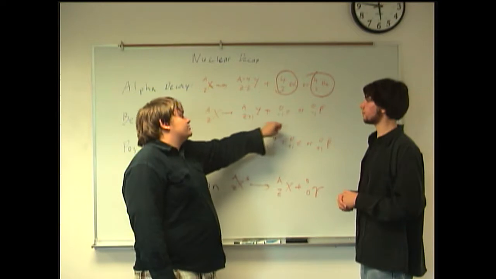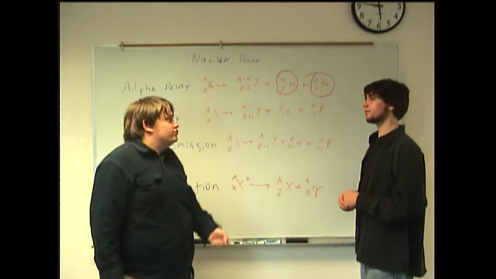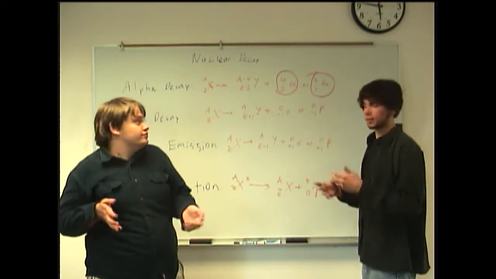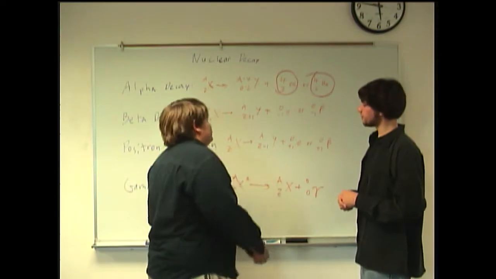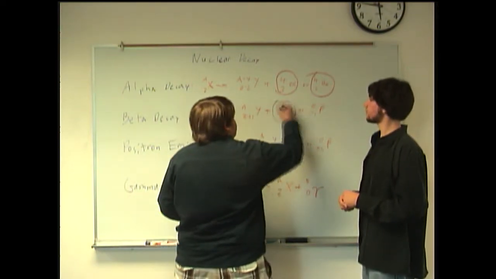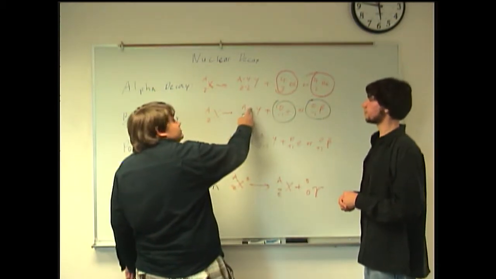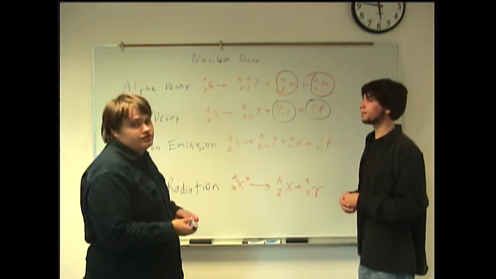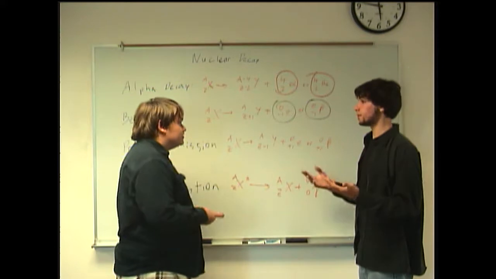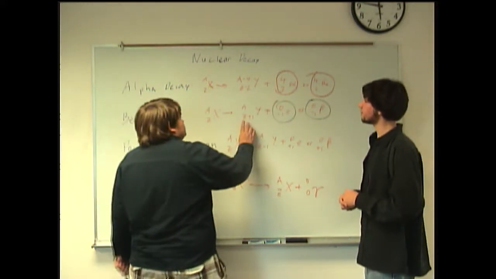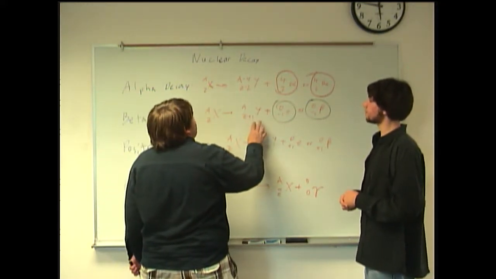That electron is also known as a beta particle. You can write it either this way or this way. Notice here, the mass number doesn't change because electrons are practically weightless. They're so small. But the number of protons changes by 1 in the new nucleus.